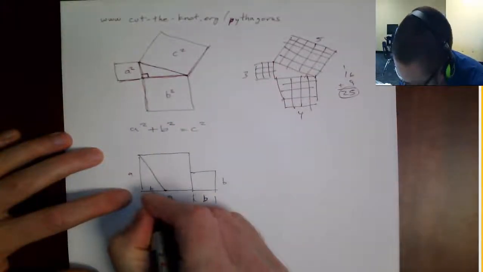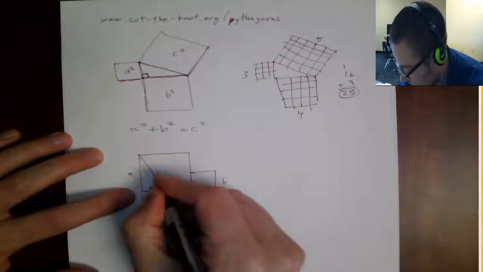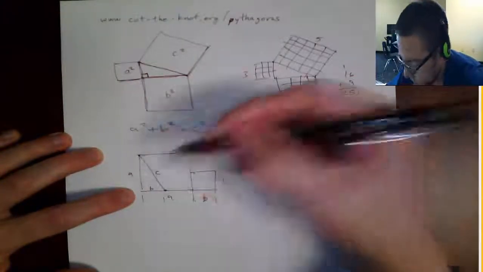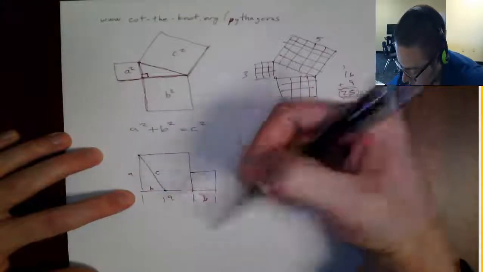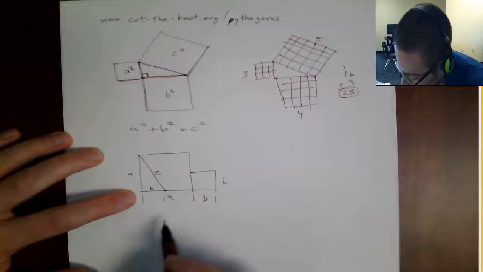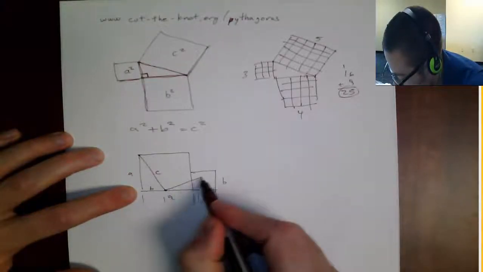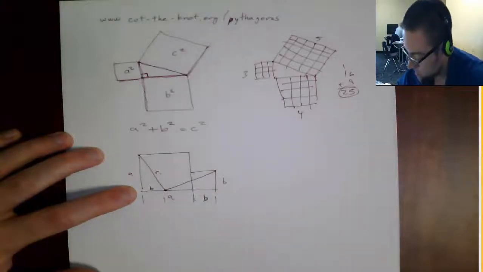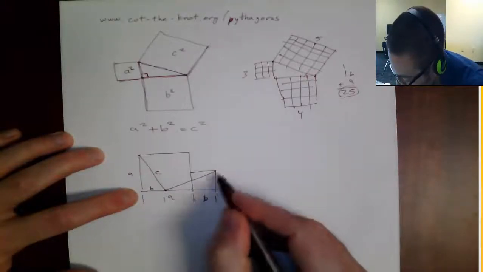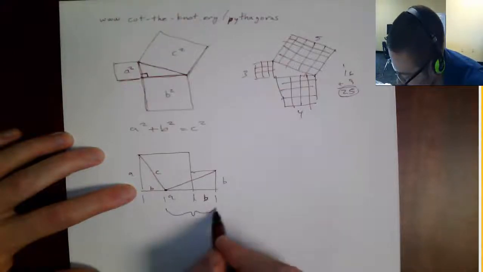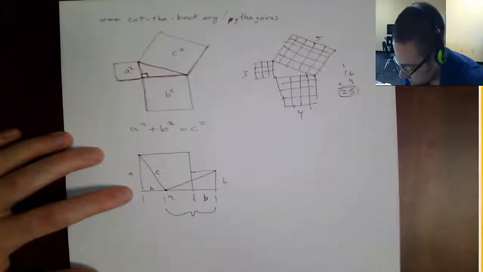So I called this b, and this is a, and then I'll call this c the distance, the one-dimensional length from that corner to that corner. And if I drew another triangle right here from that same point up to that corner, this would also be b.